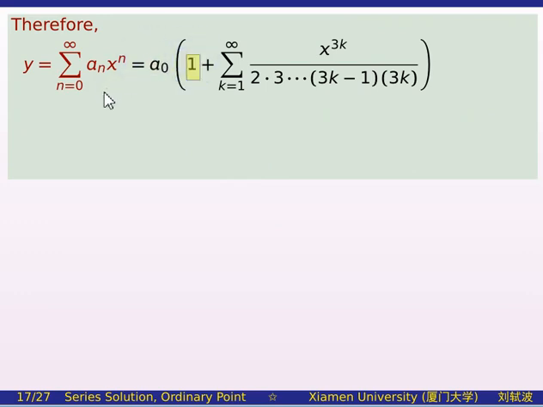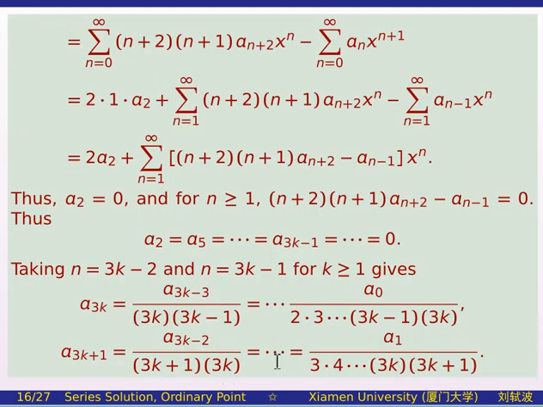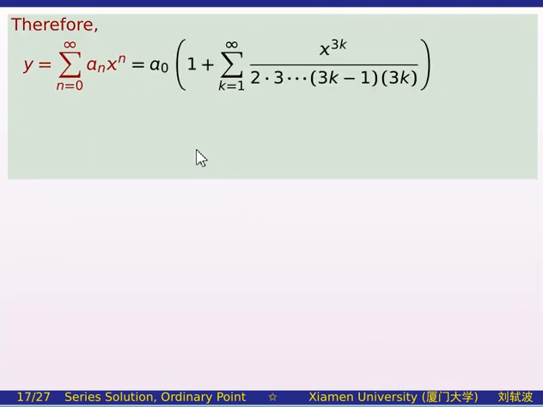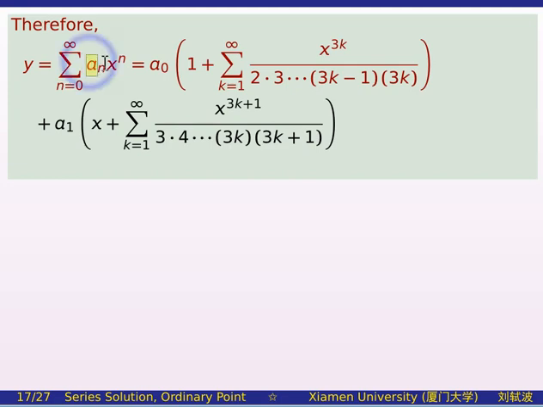Similarly, for the term containing a_1, this sequence is also not applicable, because when you need to compute a_1, then k should be 0, but k equal to 0 could not appear in the denominator. Therefore, a_1 should be computed separately. Of course, the coefficient of a_1 correspondingly is x.